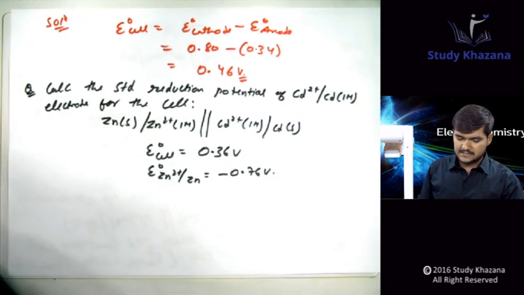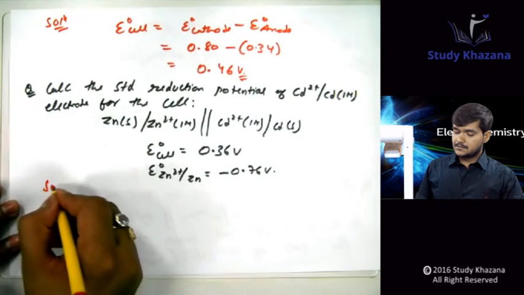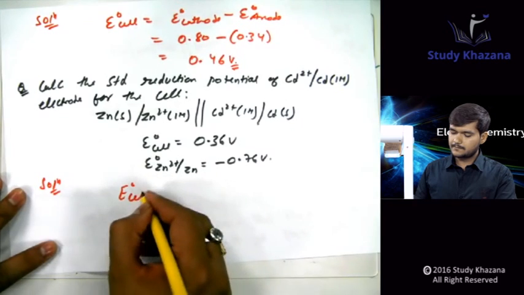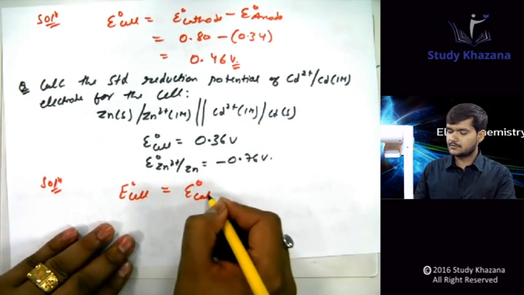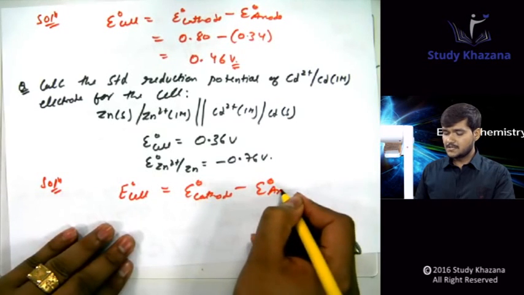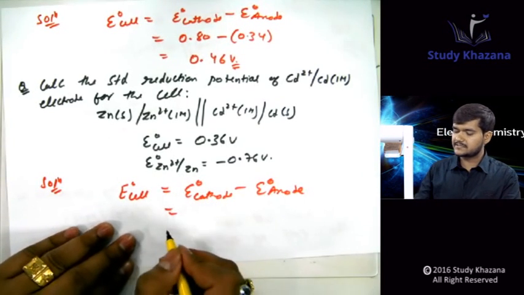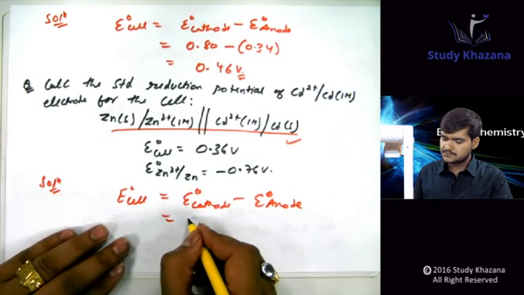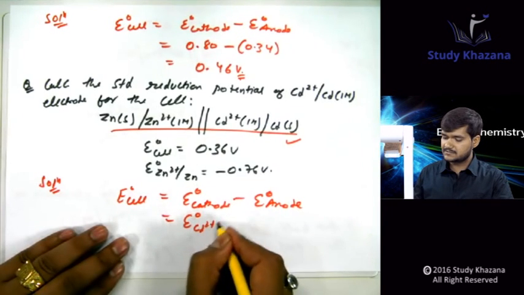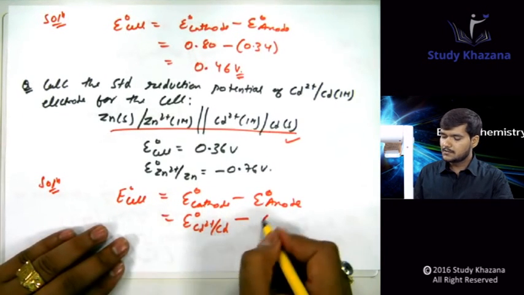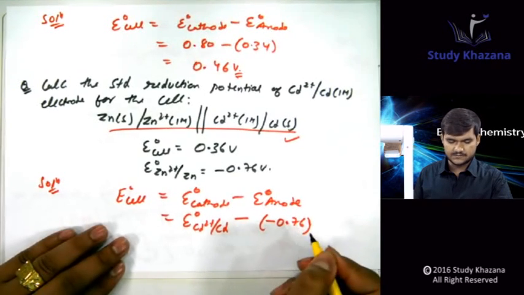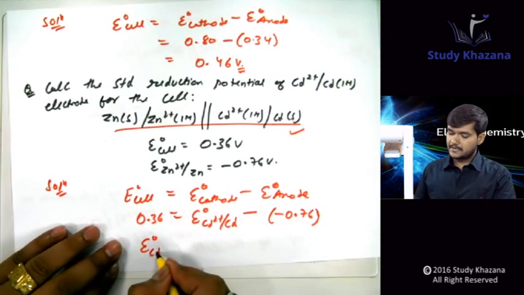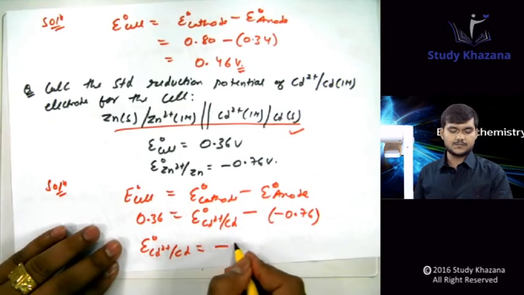You know, E0 cell is equal to E0 cathode minus E0 anode. Now what is the cathode here? From the cell representation you can see cadmium electrode is your cathode, and E0 Cd2 plus to Cd you have to calculate. For anode it is given negative 0.76 volt, and E0 cell is given to you as 0.36 volt. When you solve this you will get Cd2 plus to Cd as minus 0.40. So this is your answer.